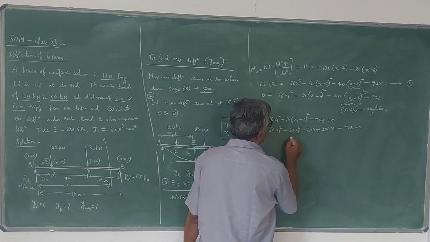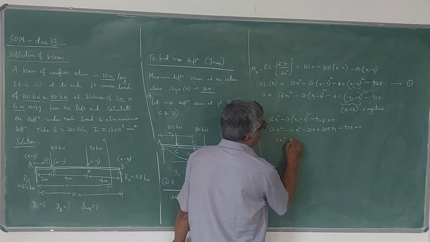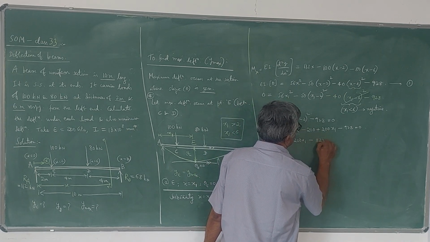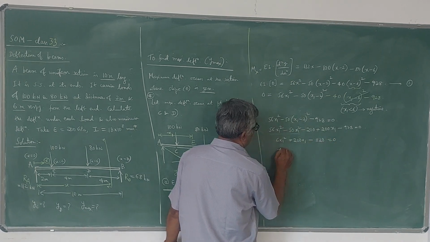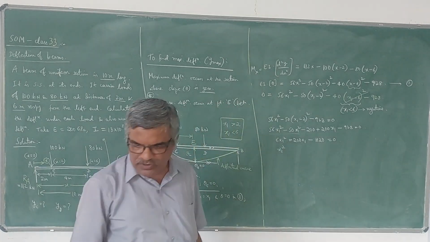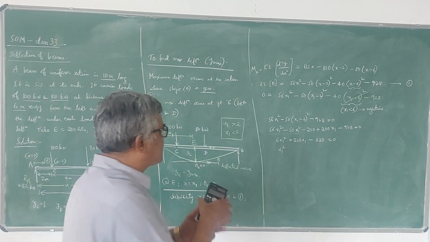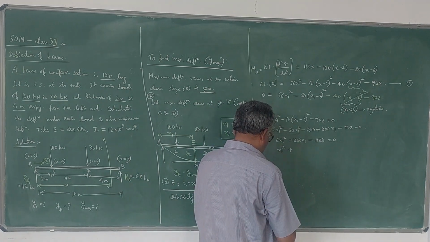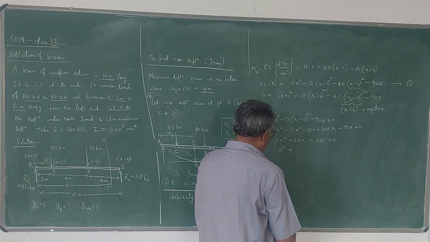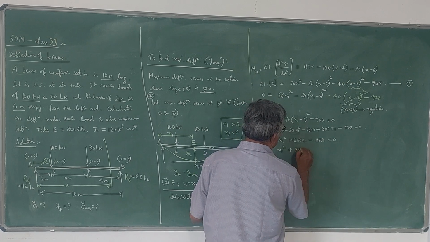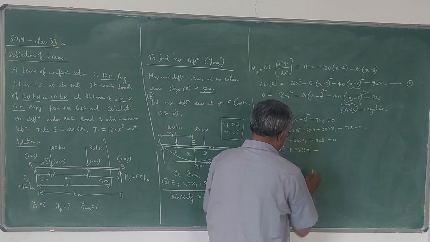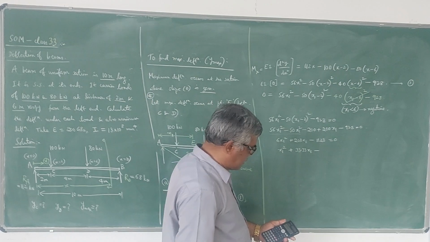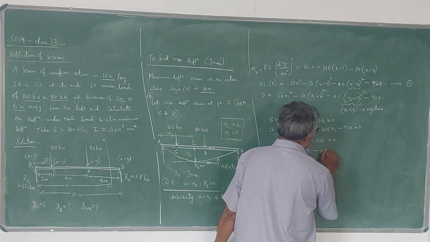If you simplify this, you will be getting 6 x1 square plus 200 x1 minus 1128 is equal to 0. Or x1 square, if you divide by 6, just solving this quadratic equation, plus 200 by 6, which is 33.33 x1, minus 1128 divided by 6, which is 188, is equal to 0.